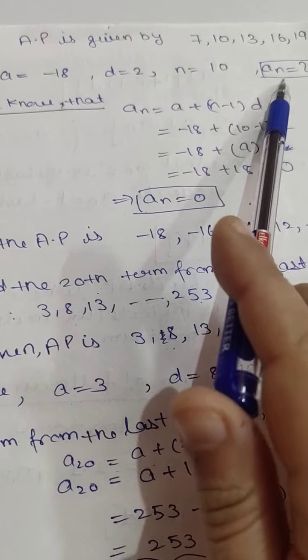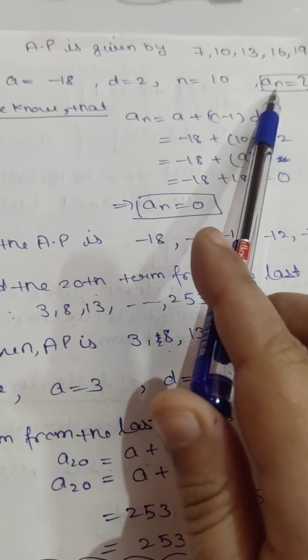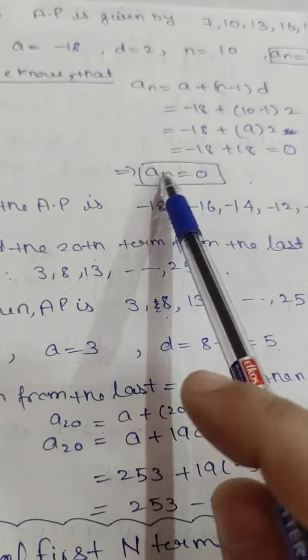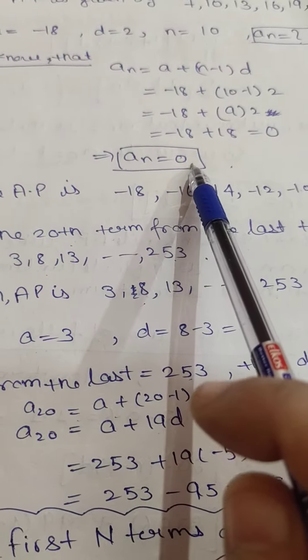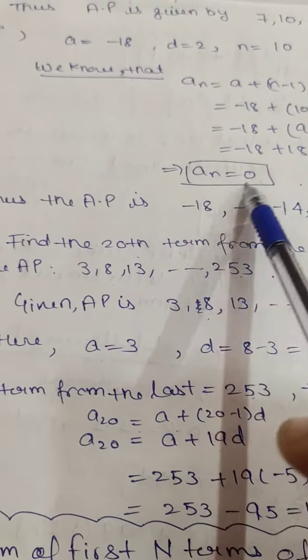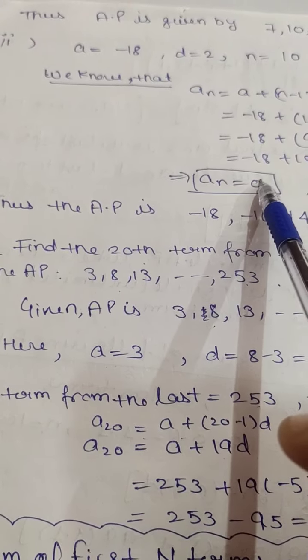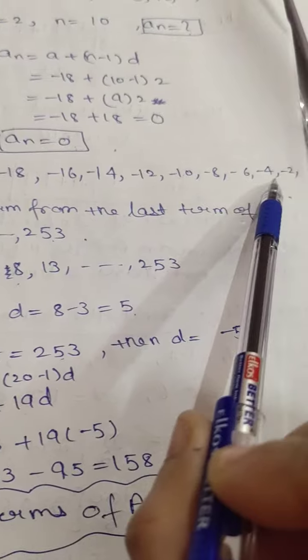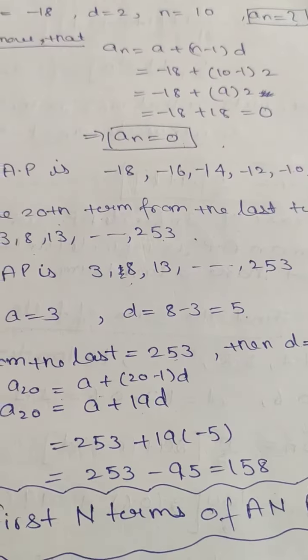We have to calculate the nth term of the AP. So by putting these values in the nth term formula, we can find out the nth term. So here we obtain the nth term of the AP, which is equal to 0, and the AP is given like this. Okay.